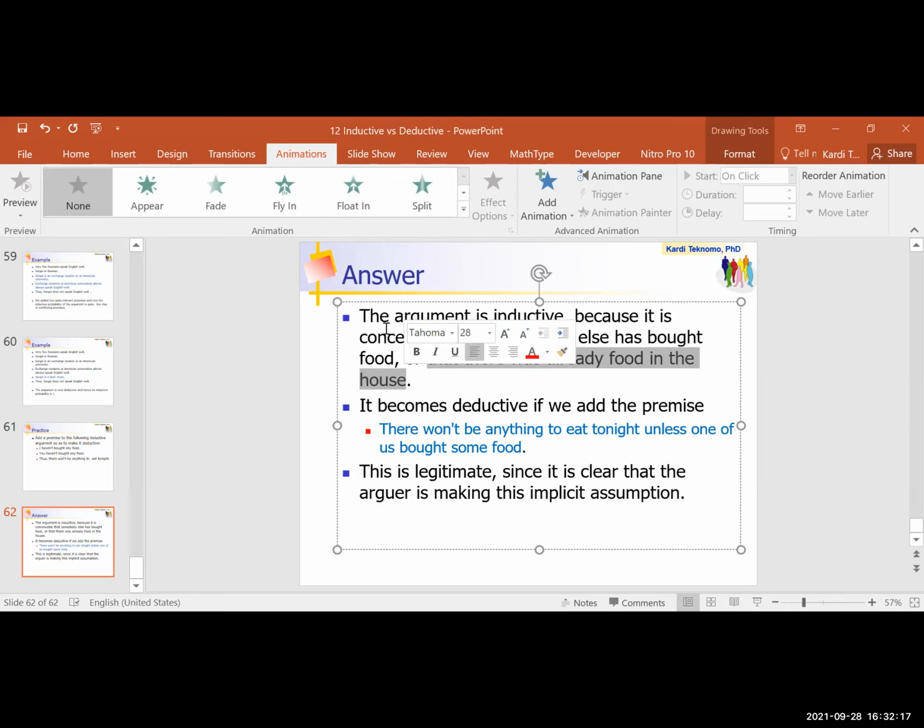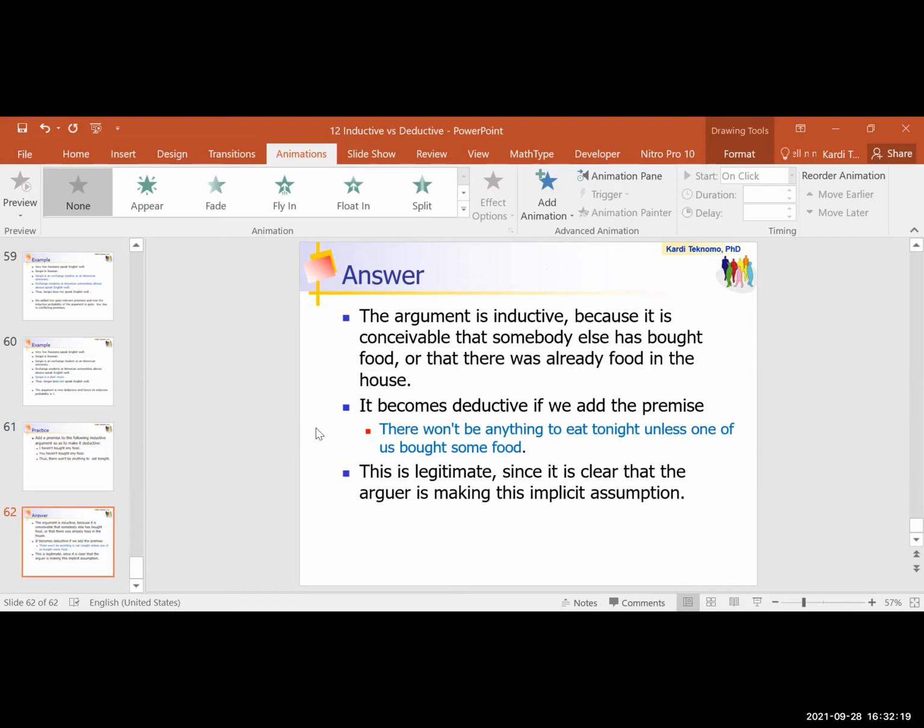It should be either this one or that one. But why suddenly is there no possibility that there is food in the house? Because he is saying that there won't be anything to eat tonight. That means there is an assumption there, even though it's not clear, but there is an implicit assumption, correct? Yes, sir.